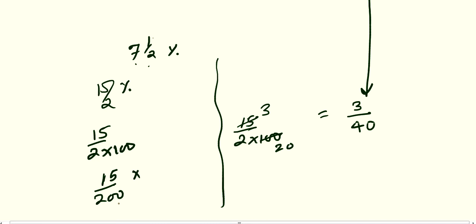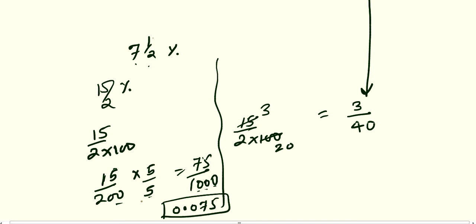Or you can multiply by 5 by 5, so 15 into 5 is 75, and 200 into 5 will give you 1000. Now 75 by 1000, 3 zeros are there, so you can write this as 0.075. This topic you have studied earlier, I think, so it's not very tough for you. Simply you can divide directly, or you can do this, you will get the same answer. Okay, then question number 2 you can solve, I think all the questions are the same.